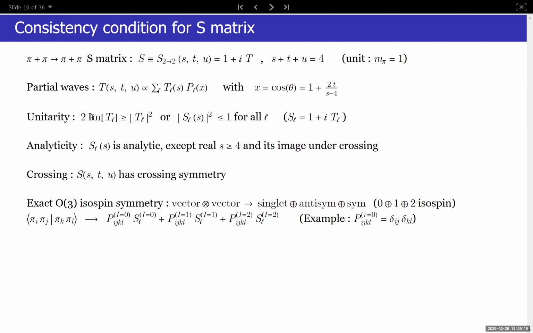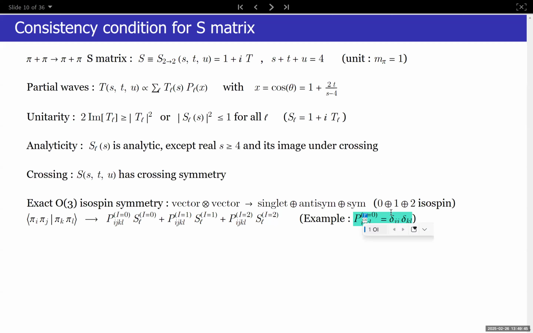Then this S matrix is not just a scalar function. Instead, it should carry the isospin tensor structure. Specifically, this should decompose into some tensor structure in isospin 0 times S matrix in isospin 0, etc. For example, I had a typo here.